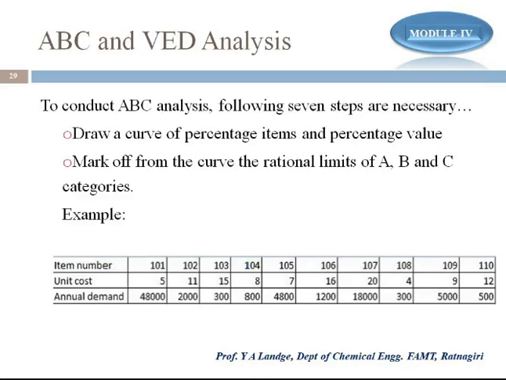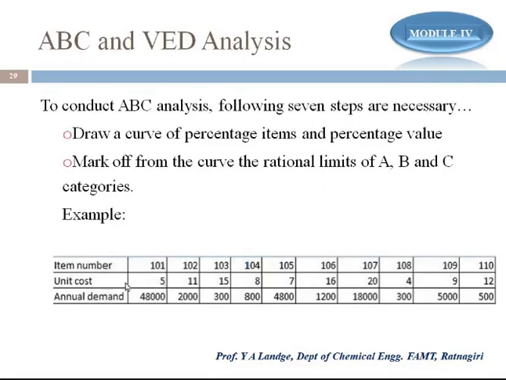We are looking at which category each is placed in. For the first case, 101, which has an annual demand of 48,000 and a unit cost of 5, can we rearrange on the basis of the unit cost? That is not possible. Can we arrange only on the basis of the demand? Also not.